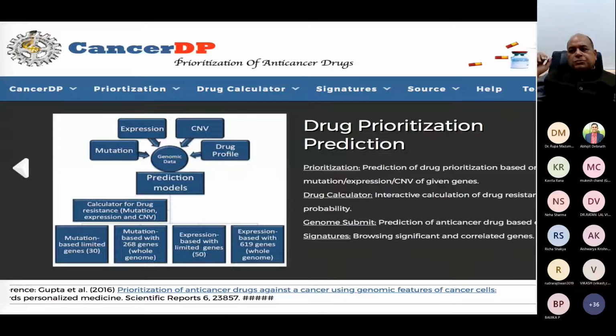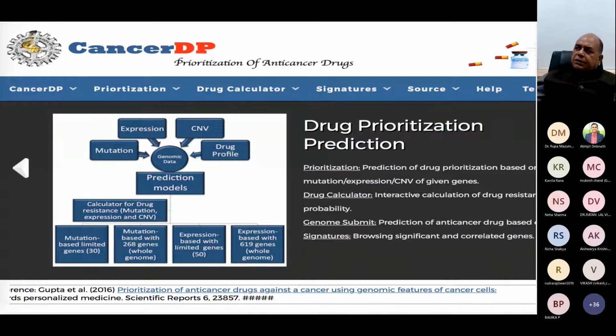So what we propose is that already in the market, a number of FDA approved anti-cancer drugs are there. The question is, which drug should be tried, or which drug will be suited most to a given patient based on its genomic profile. In order to address this question, we have developed this platform.